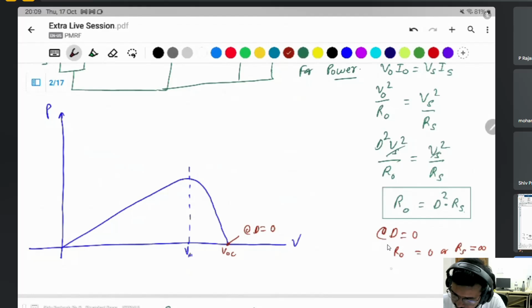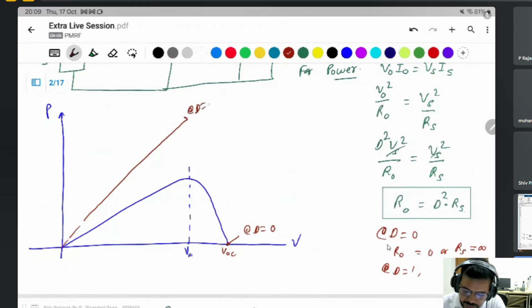Then at d is equal to 1, RS is equal to R naught. Suppose this is the R naught curve at d is equal to 1. Fine.